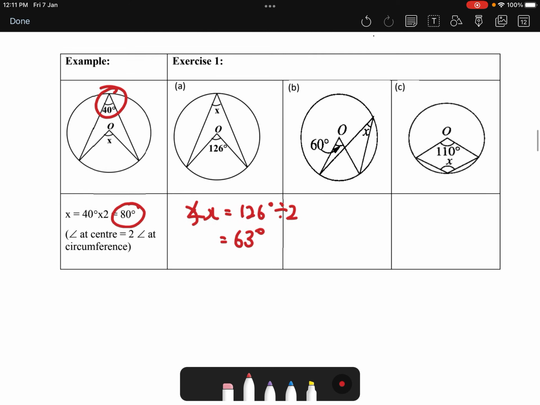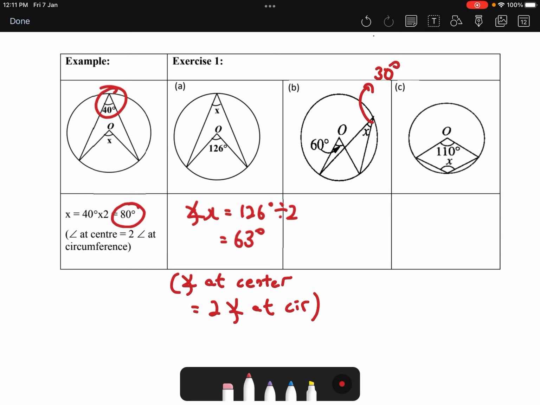And of course, you must write: angle at center is equal to 2 times angle at circumference. Then for exercise 1B, same thing, angle at center is 60, so this angle will be 30 degrees.